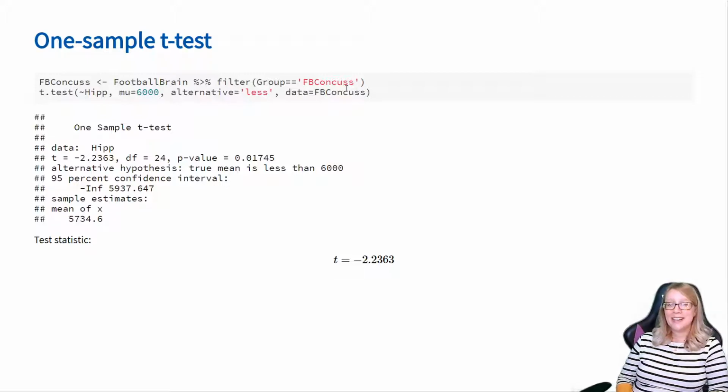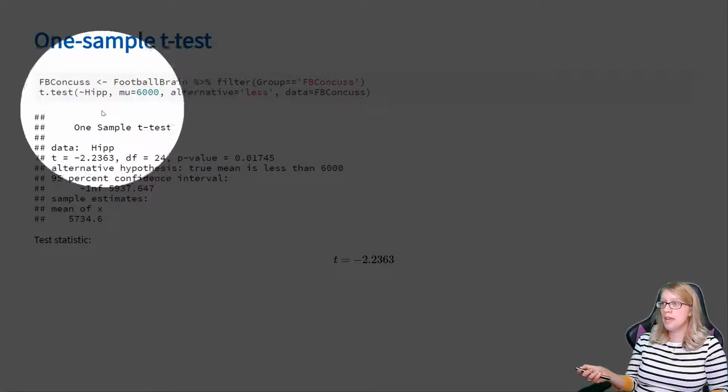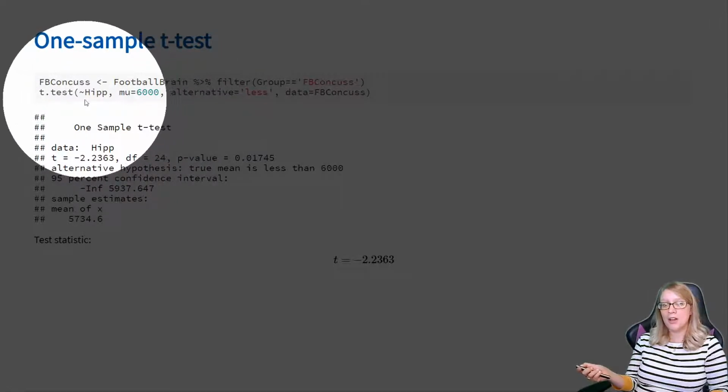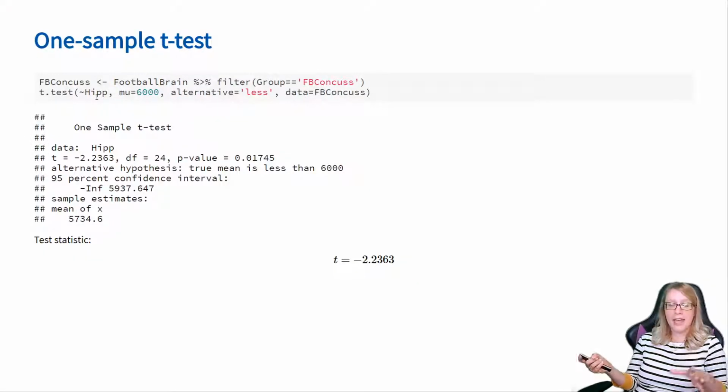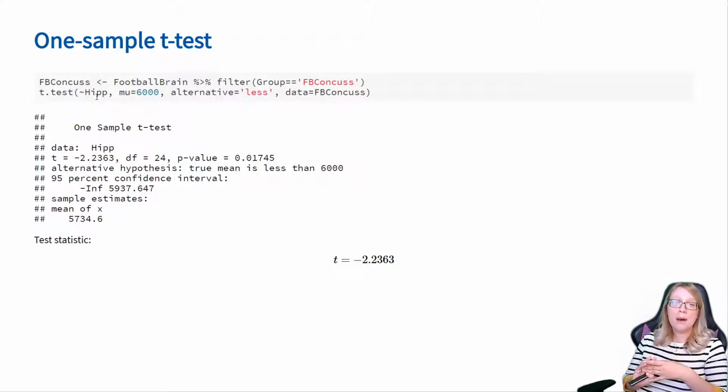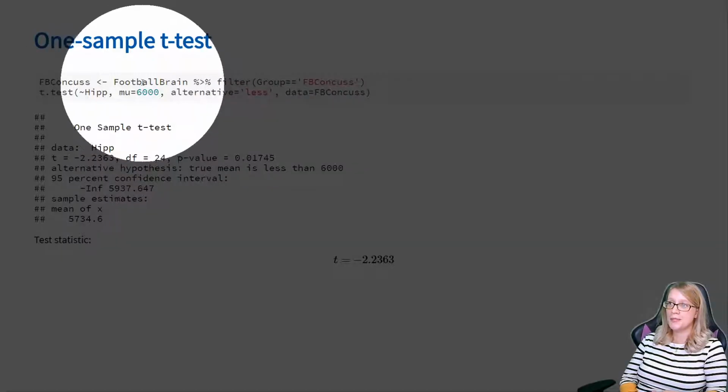In the t.test function, here is how we write this. Our first argument is the variable that we care about, and we indicate that this is the variable we're interested in with a tilde, or a squiggle. So tilde hippocampus says, let's look at the hippocampus variable. In our null hypothesis, we assume that the mean mu is 6,000, so that is what comes next.